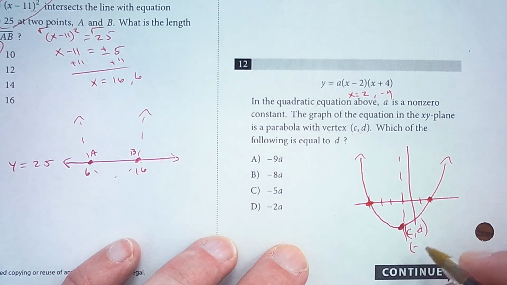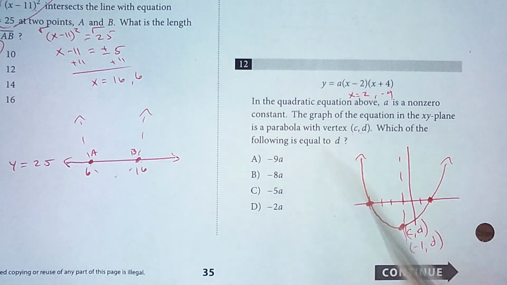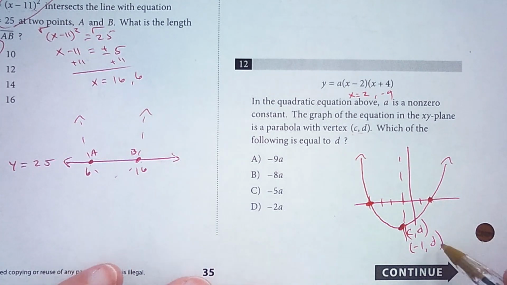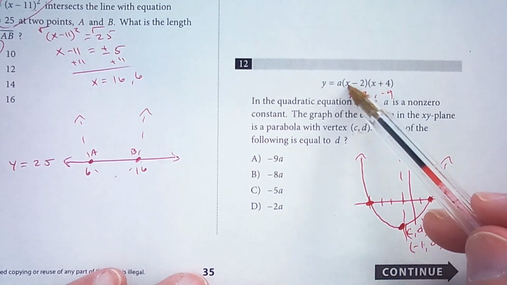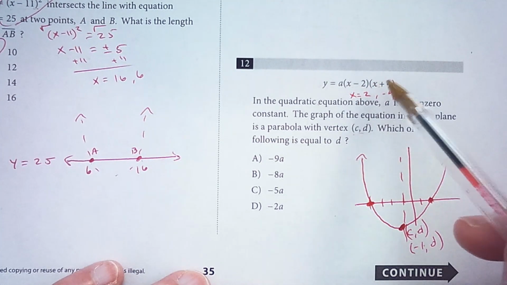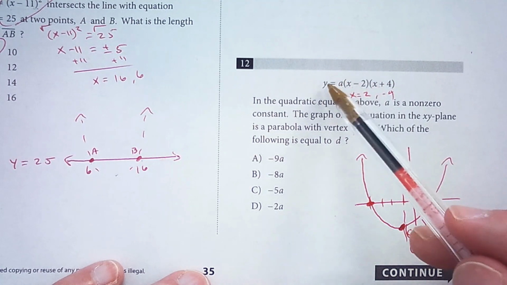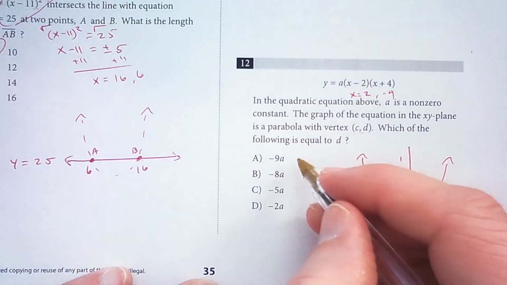So the vertex is actually at (-1, d). That would be the y value of the vertex. So let's plug in the x value of the vertex here, and when we solve for y, we will get the y value of the vertex, which is d.